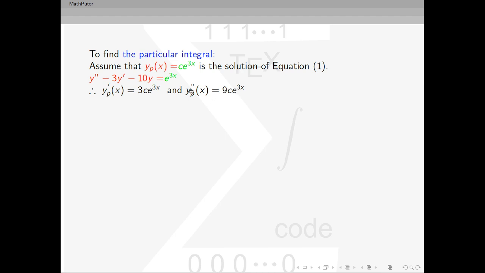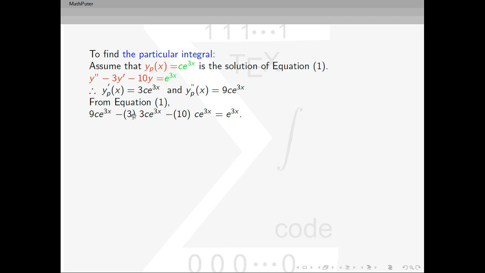Now we are going to substitute y double dash, y dash and y in this equation. This is equation 1, the given equation. So what we have? y double dash is 9c e raised to 3x, minus 3 into y dash which is 3c e raised to 3x, minus 10 into y which is c into e raised to 3x, equal to the right hand side, e raised to 3x. Now look at the left hand side.